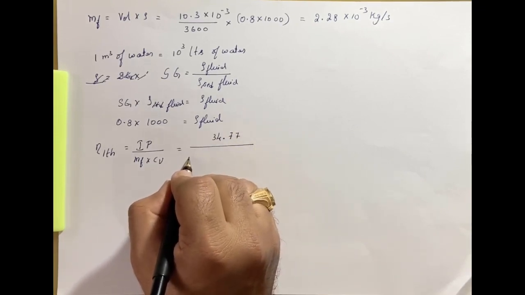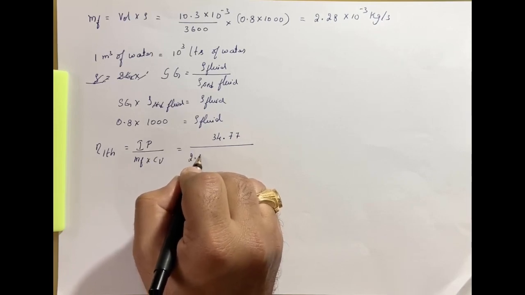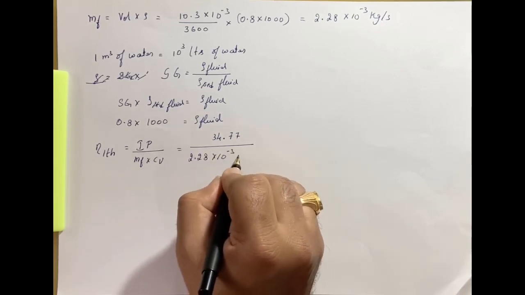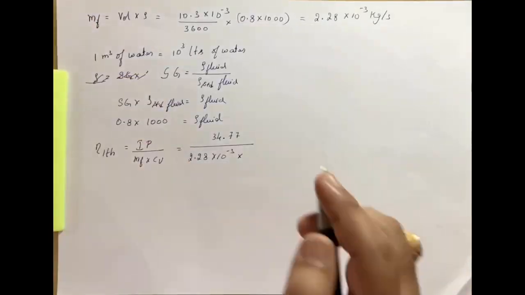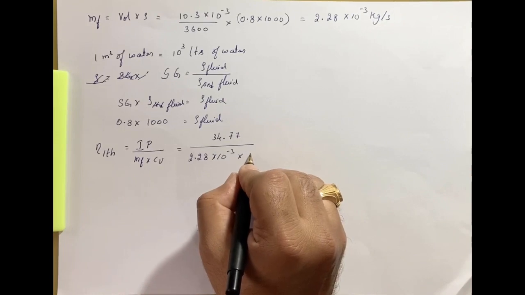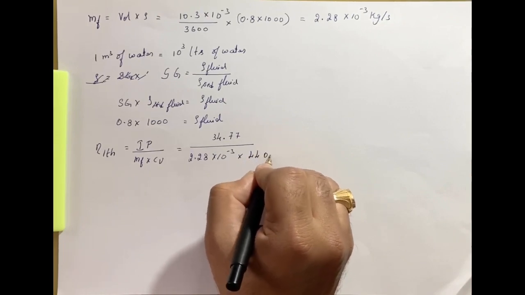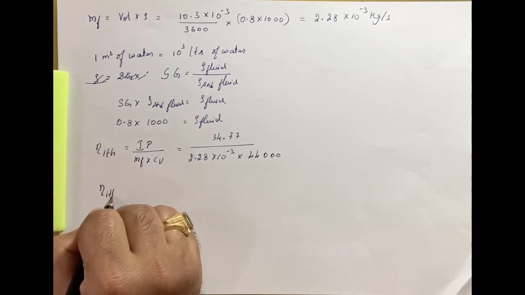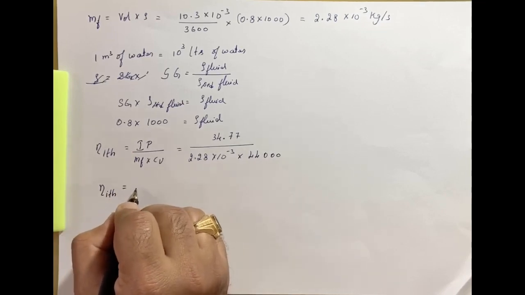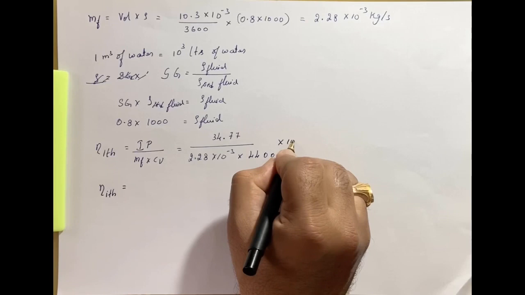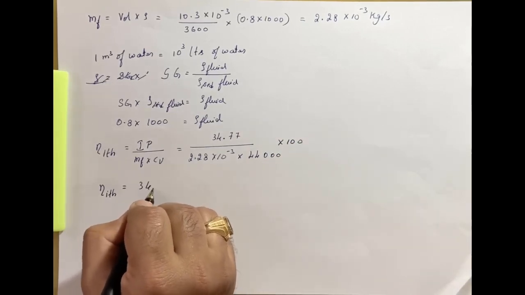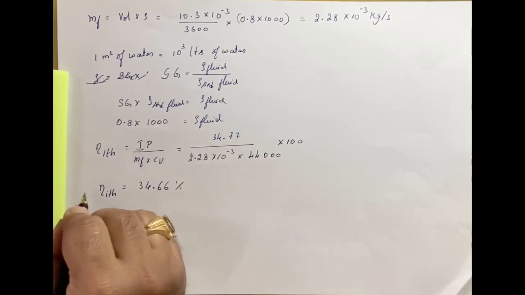Mass of fuel is 2.28 into 10 power minus 3, into calorific value of fuel CV, 44,000 kilojoules per kg. So eta ITH, into 100, we get as 34.66%.